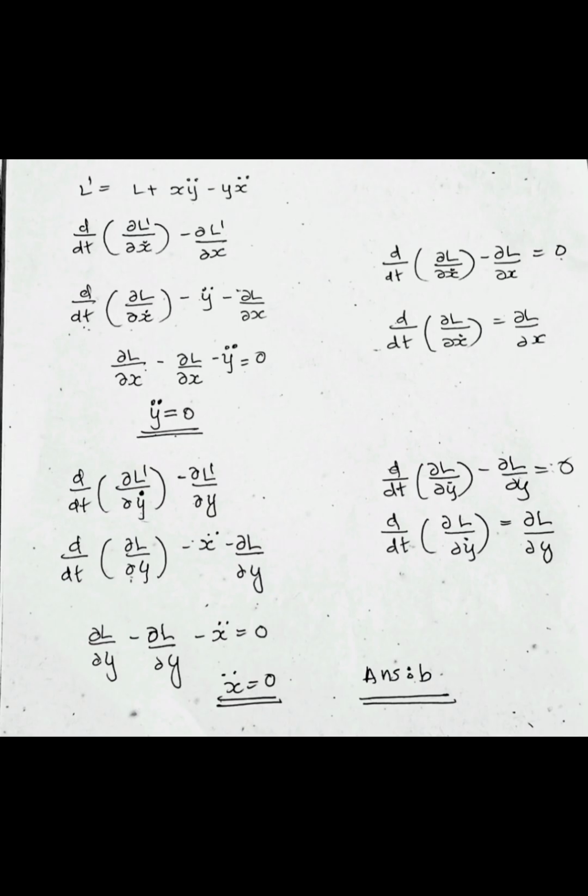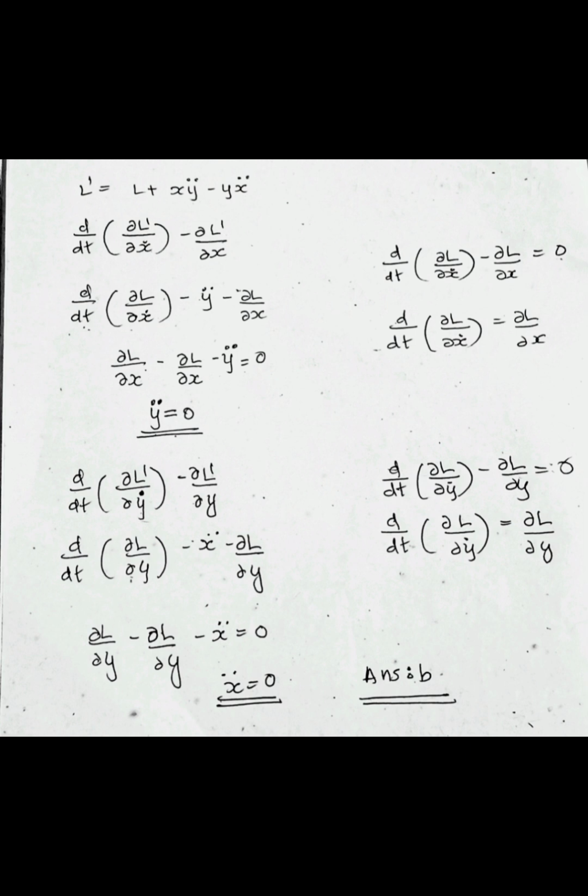So let me take option B, that means x y double dot minus y x double dot. If we add this term to L, that is L dash is equal to L plus x y double dot minus y x double dot, and from here we can write the equation of motion as d by dt of dou L dash by dou x dot minus dou L dash by dou x.